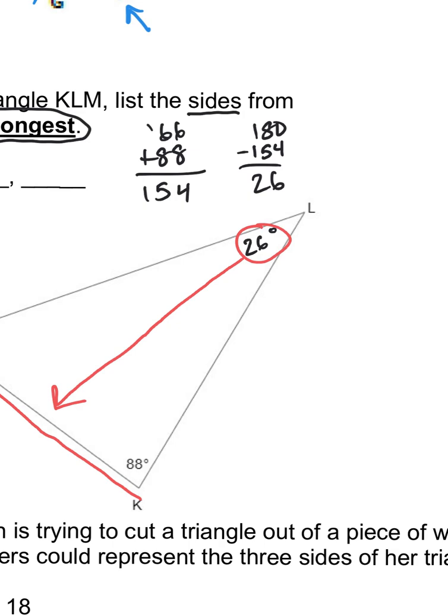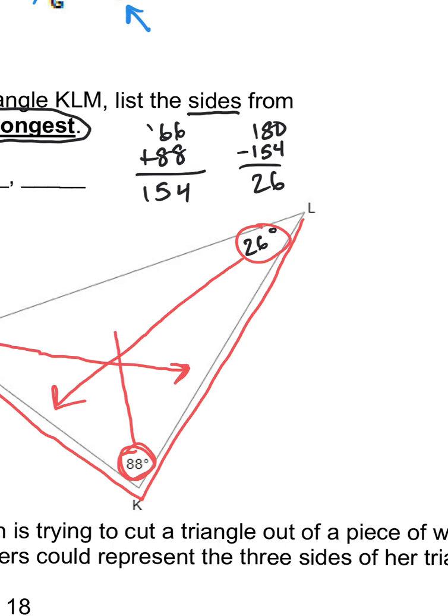Draw my arrow going to the opposite direction, which would be going to this side here, which is LK. So LK is your next shortest side. And then last, our biggest angle is 88 degrees. And my line going opposite of that, that's going to be ML. So ML is our largest side.